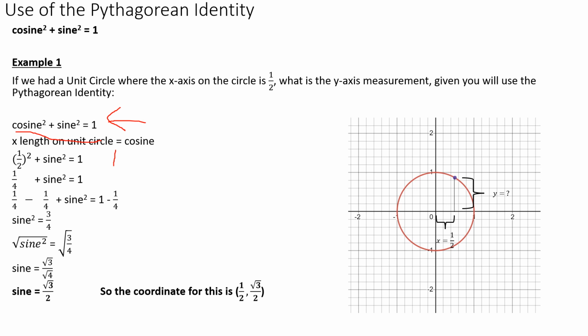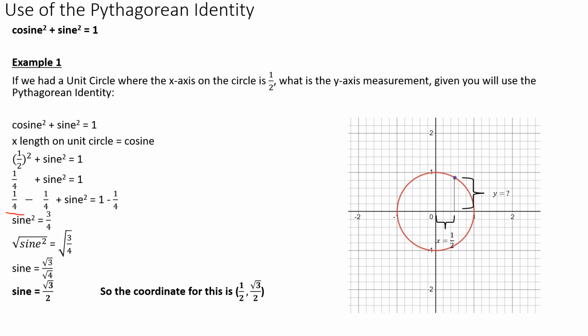So if I have 1/2 squared, if that's my distance, plus sine squared equals 1. Let's erase this so it doesn't get too messy. Well, 1/2 squared is 1/4. And 1/4 plus sine squared equals 1.